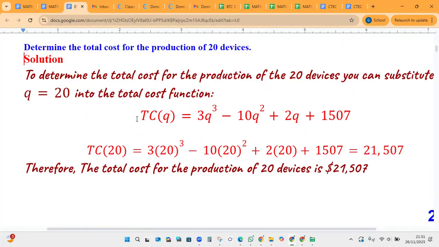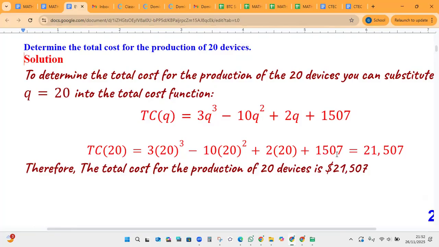So here we bring forward the total cost function, 3Q raised to the third power minus 10Q raised to the second power plus 2Q plus 1,507. In the place of Q, we substitute 20, because here Q is equal to 20. So we have 3 times 20 cubed minus 10 times 20 squared plus 2 times 20 plus 1,507.